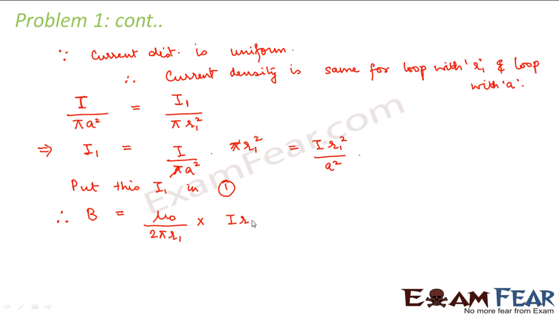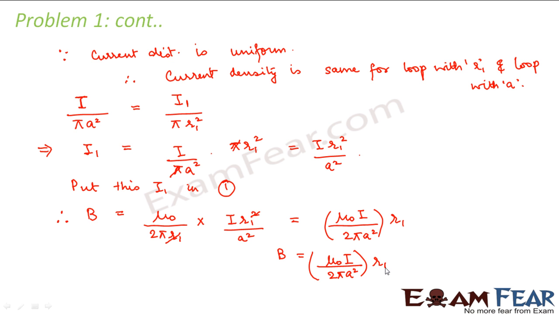Instead of I1, I put I R1 square divided by A square. So this R1 and this get cancelled. We get mu naught I divided by 2 pi A square into R1. So B is equal to mu naught I by 2 pi A square into R1.